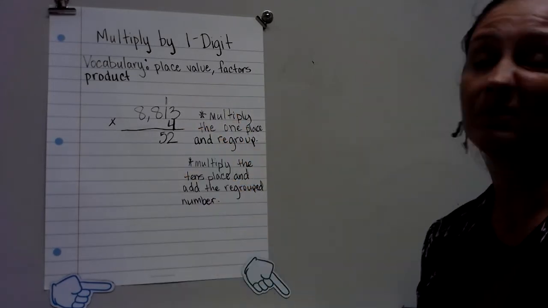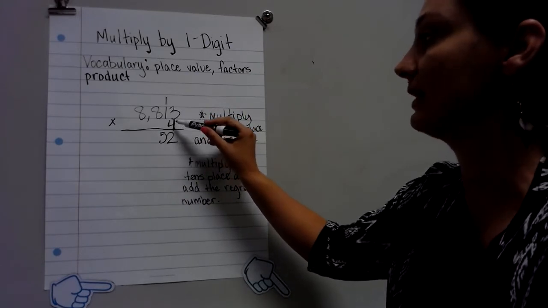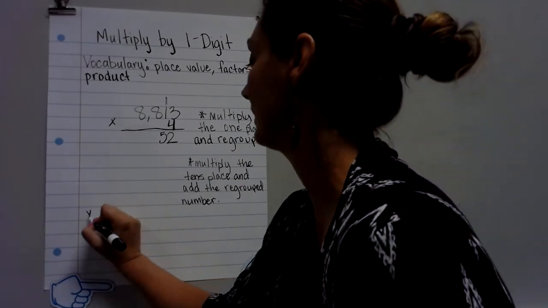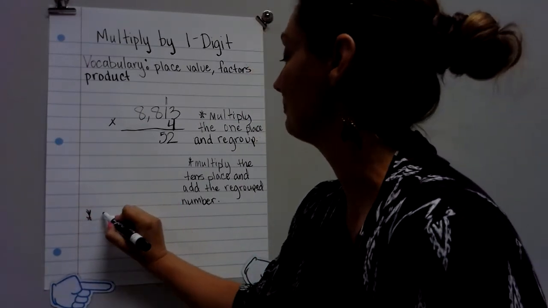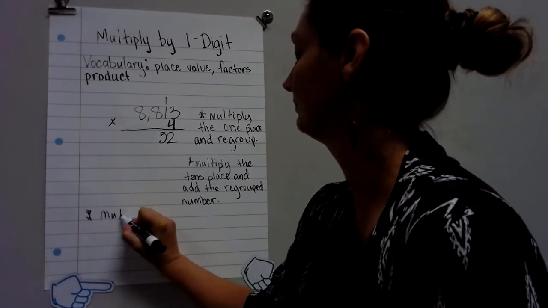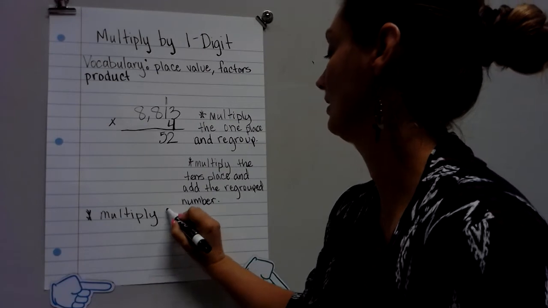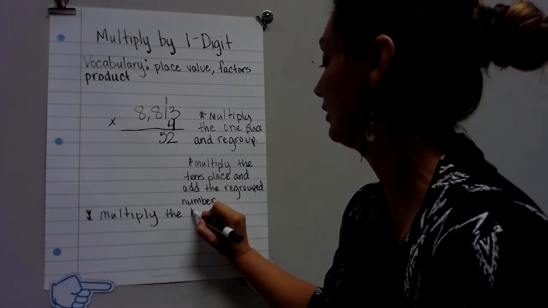There's nothing to regroup there, so I'm just going to go on and I'm going to multiply in the hundreds place. So I'm going to do 4 times the 8. So my next step, I'm going to move over here so I have a little bit more room. So I'm going to do multiply the hundreds place.